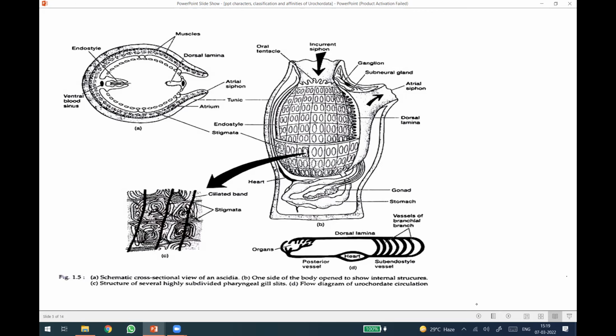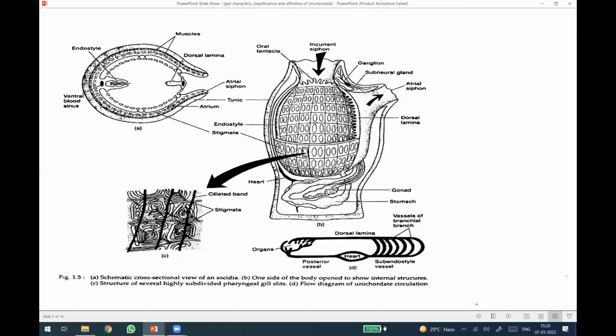This is the alimentary canal with a dilated stomach. And this is the course of circulation of the blood, which is entirely colorless and very small in amount, only for the distribution of the assimilated food. This is the heart, this is the posterior vessel, this is the subendostyle vessel, and this is the dorsal lamina.